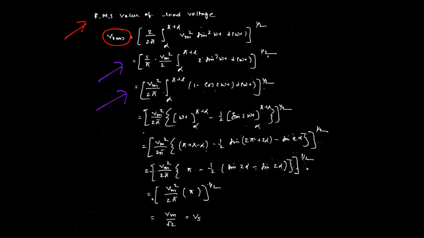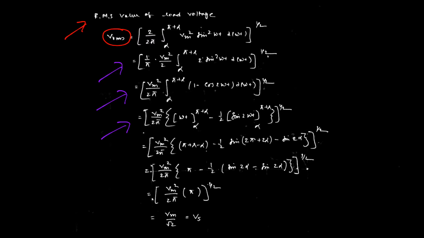Okay, now we can integrate both terms, 1 and cos 2 omega t. 1 means after integrating we have omega t, and cos 2 omega t gives 1 by 2 sine 2 omega t. Okay, so we can rewrite the expression in this way, that is Vm square by 2 pi, omega t with lower limit alpha and upper limit pi plus alpha, minus 1 by 2 sine 2 omega t from alpha to pi plus alpha, under root.